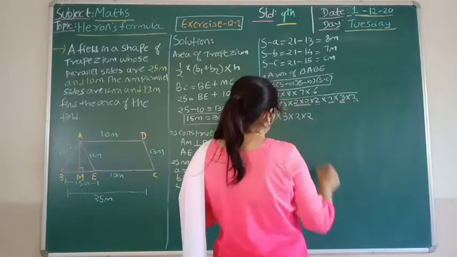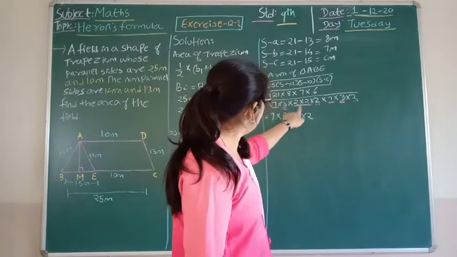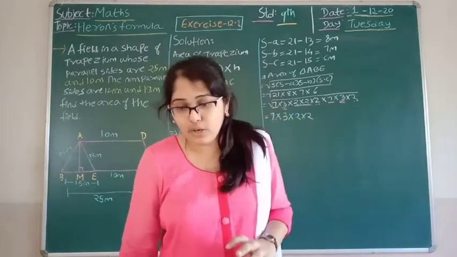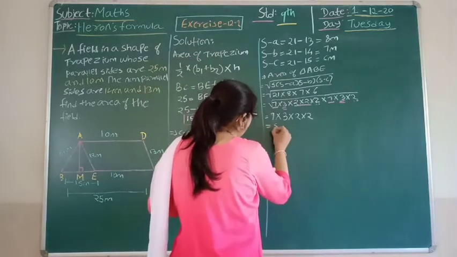Right? So 1, 2, 3, 4. We have 4 pairs over here, and if I find this, the answer will be 84 meter square.